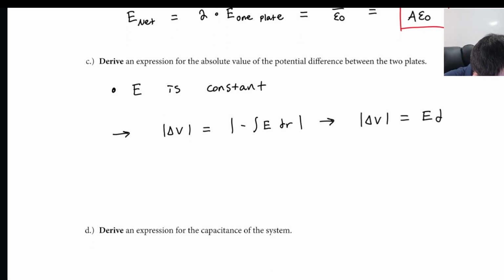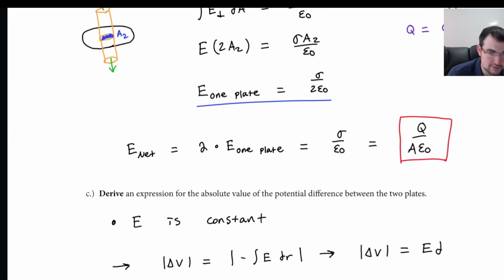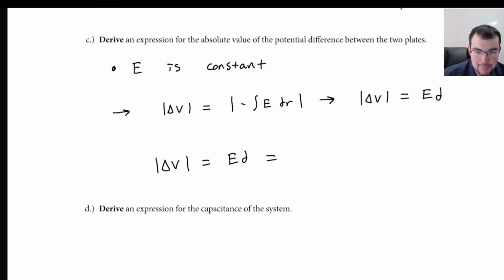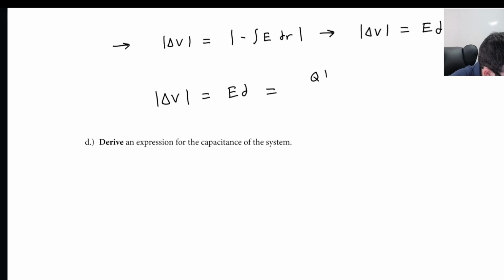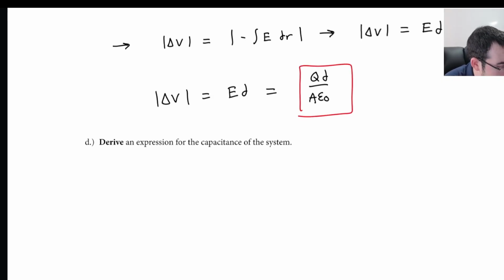So delta V is equal to ED. So I just attach a factor of D to my E field expression. I get QD over A epsilon naught. Because I have a field of Q over A epsilon naught for a distance D.